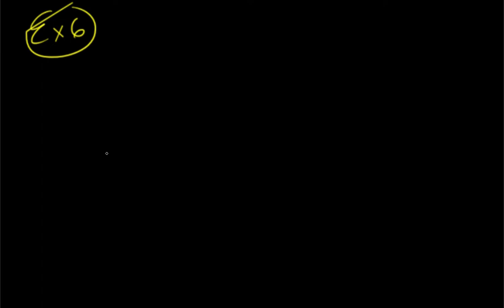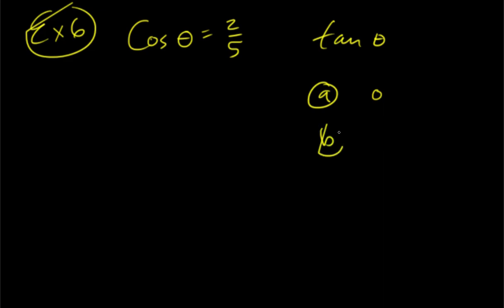Okay, so example 6, it says suppose we have cosine theta is equal to 2/5. Calculate tan theta in the following 2 cases. So case A and case B.